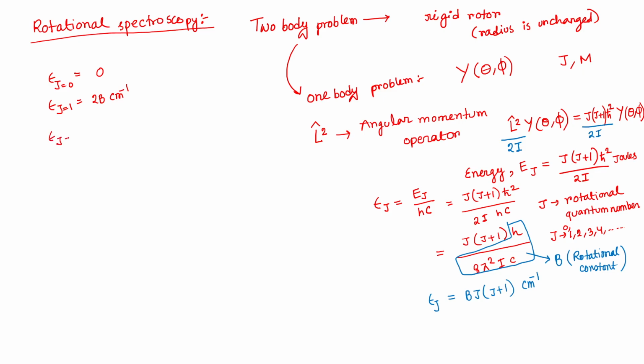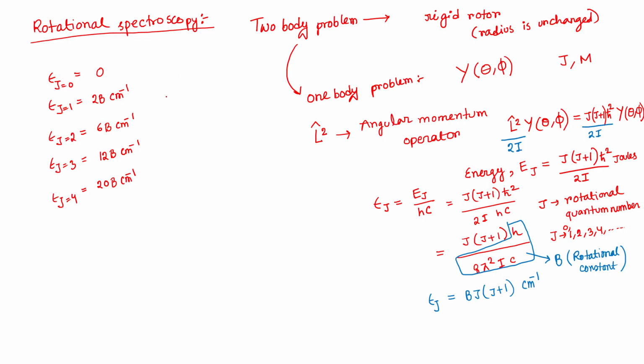The energy for J equals 2, you are going to find 6B. What about J equals 3? You are going to find 3 into 4, which is 12B. What about J equals 4? We are going to find 20B. So these are the typical rotational energies.